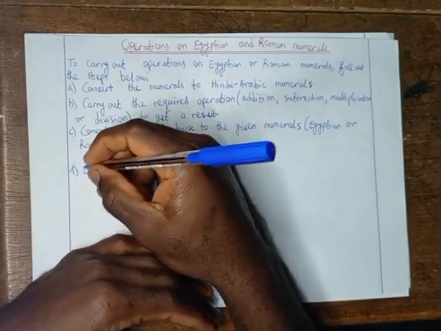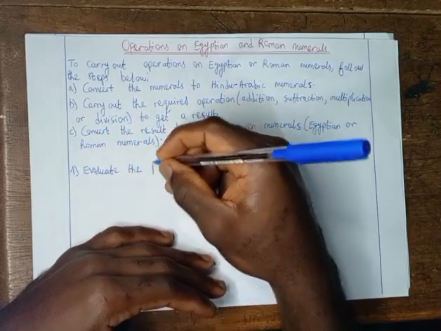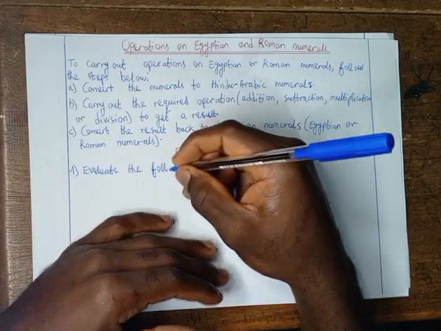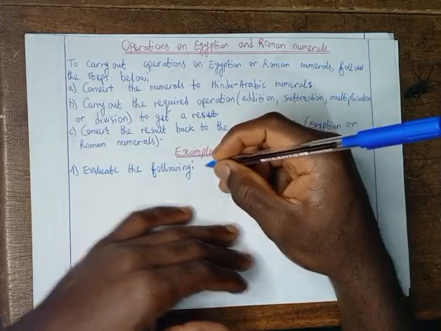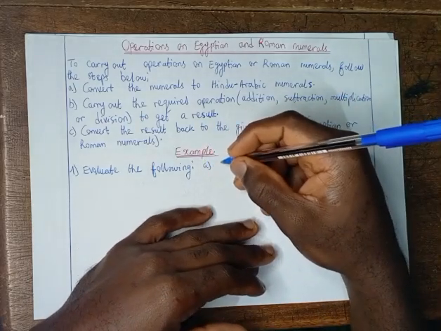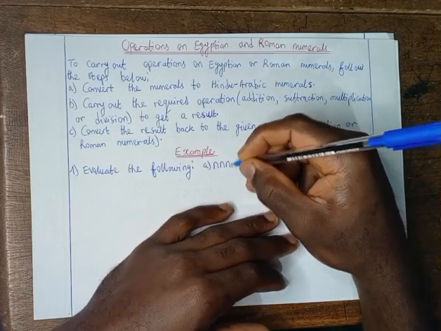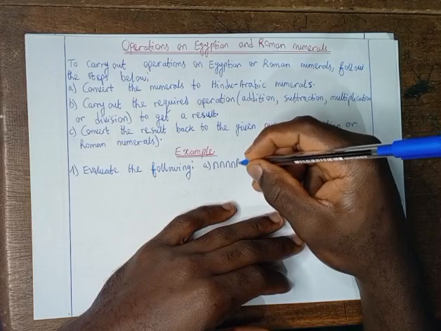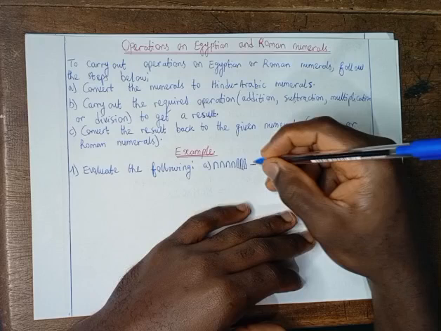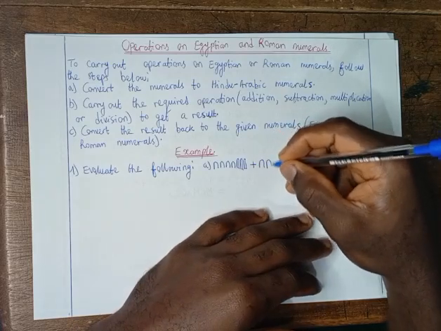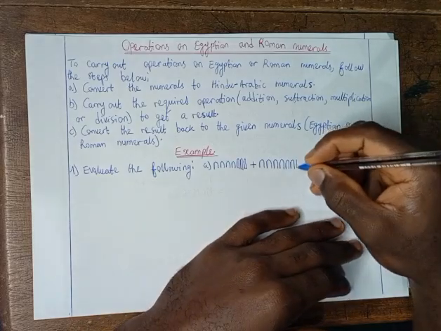Question 1. Evaluate the following. Question A, we have 4 elbows, 3 straight fingers, plus 6 elbows and a straight finger.